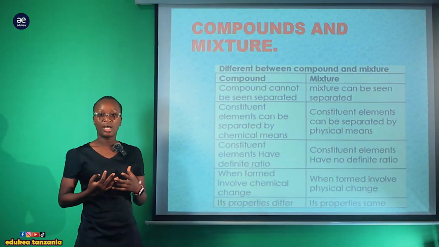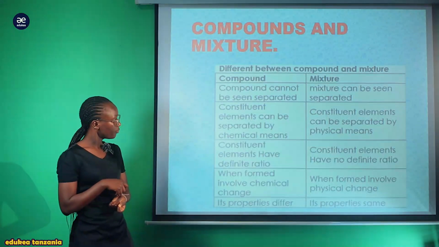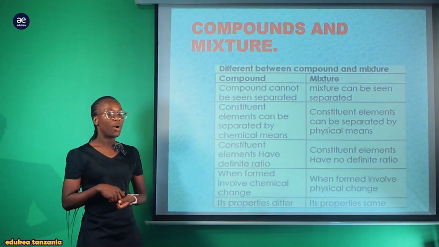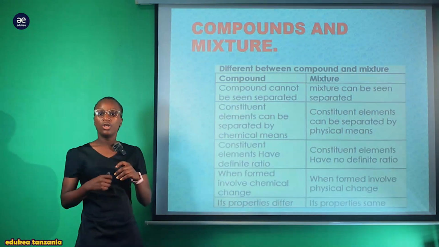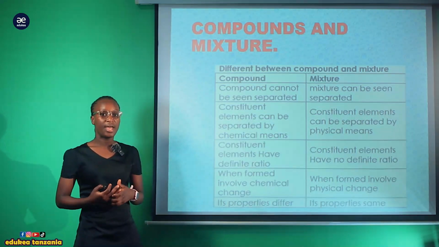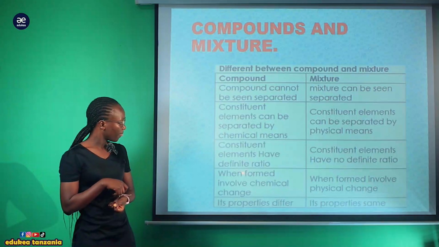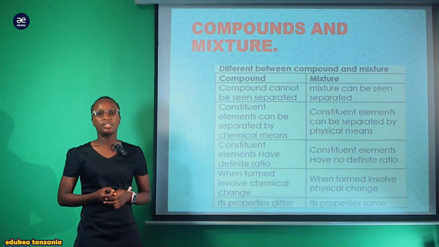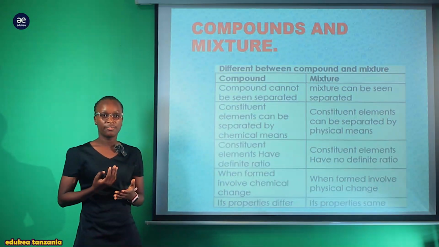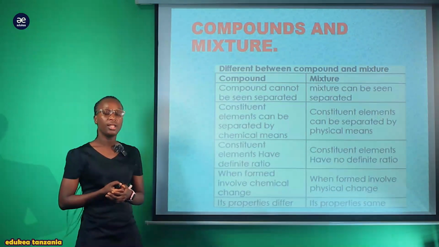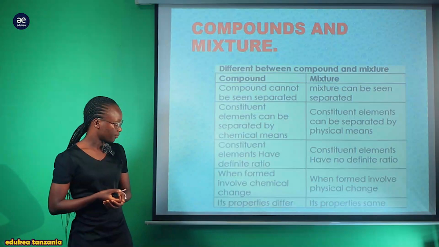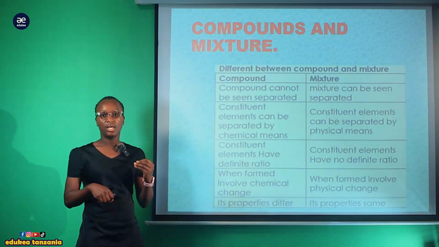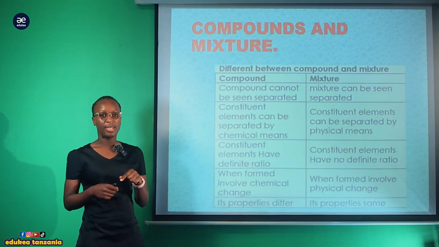Another is that constituent elements have a defined ratio, while in a mixture there is no defined ratio of their constituent elements. When formed, a compound involves chemical change, and a mixture does not involve chemical change but involves physical change. The properties of a compound differ from those of its constituent elements, but in a mixture they do not differ, they are the same.